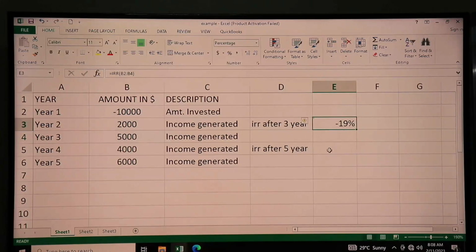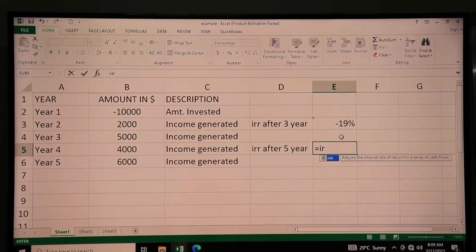That indicates that our project has not yet returned the amount we borrowed, that is the amount we invested. If you compute the internal rate of return after the 5th year, then our project has already returned, because it will give us a positive value, which we already got there. So we did this in our last discussion. I think we remember that.